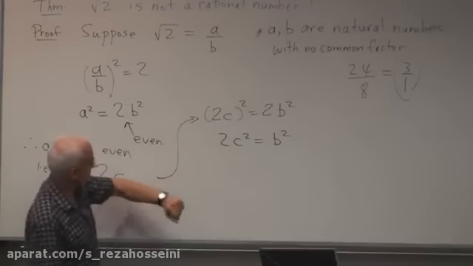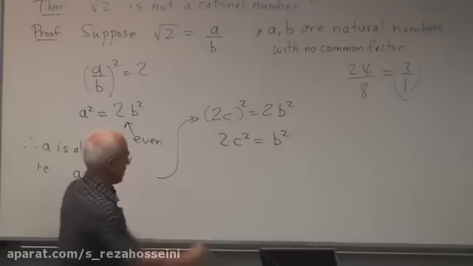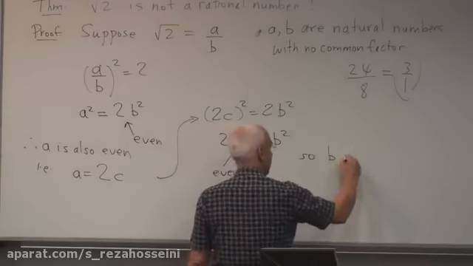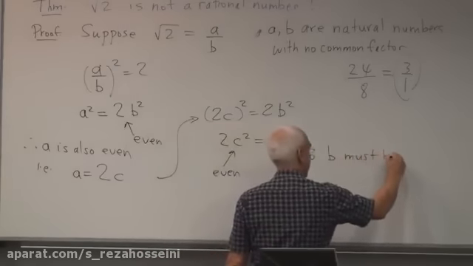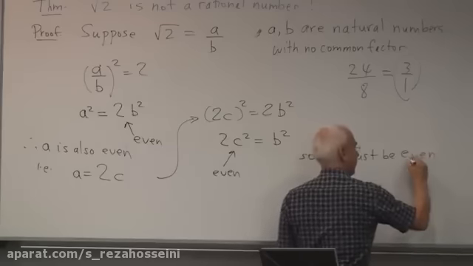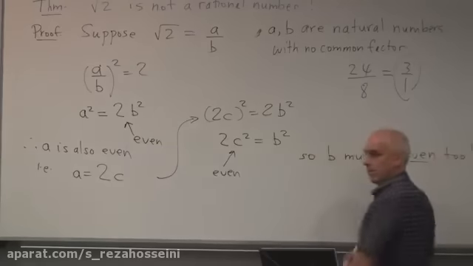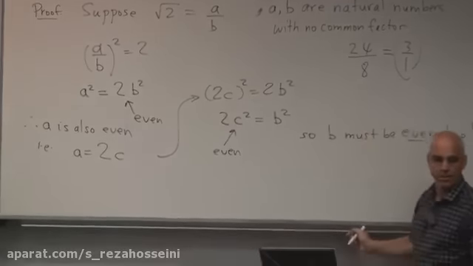This looks a lot like what we just had. Now we see that the left-hand side is even, so b must be even, because if it was odd, then odd squared is odd.